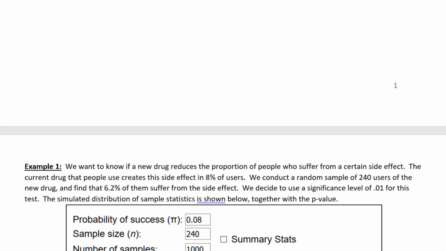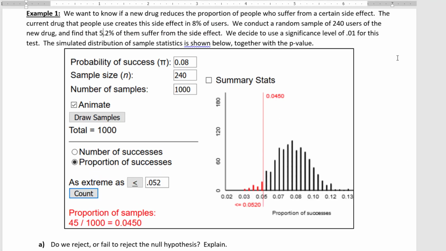So let's do one quick example of this. I'm going to do example 1. It reads as follows. We want to know if a new drug reduces the proportion of people who suffer from a certain side effect. The current drug that people use creates this side effect in 8% of users. So let me just pause there for a moment and make note.